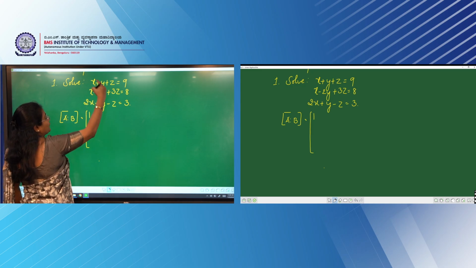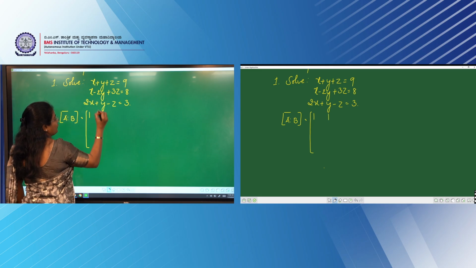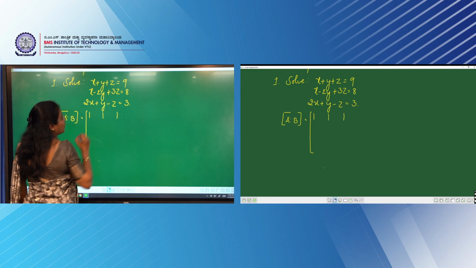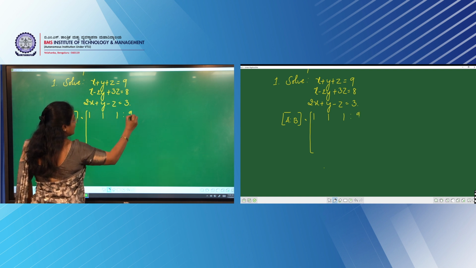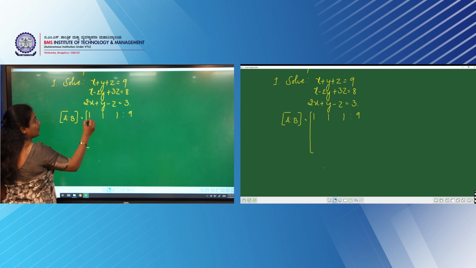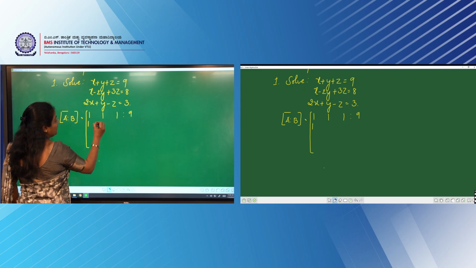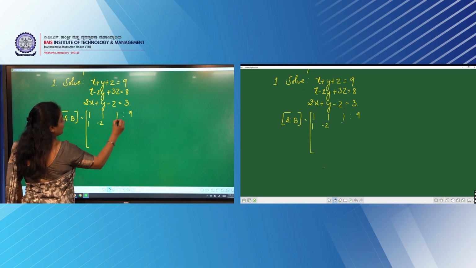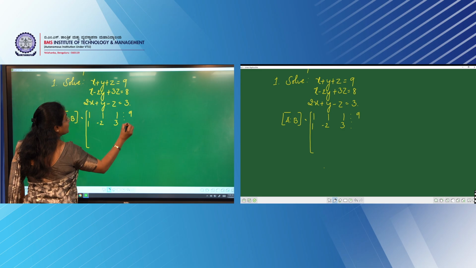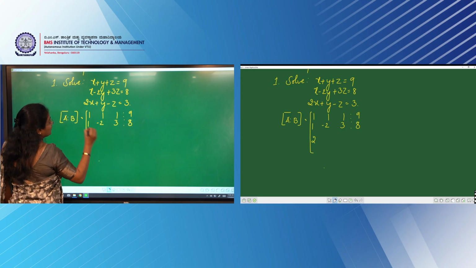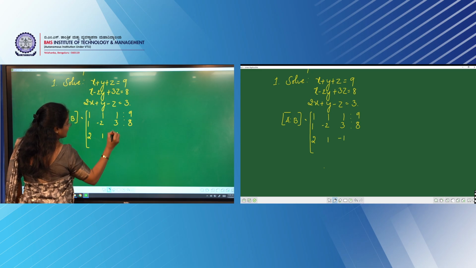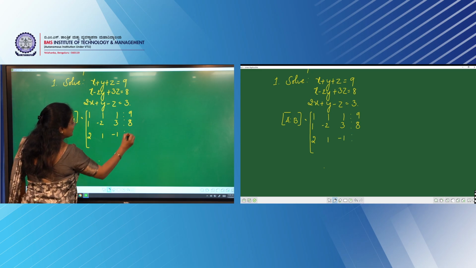The coefficient of x is 1, the coefficient of y is 1, the coefficient of z is 1, and b is 9. In the same way, write down the second equation coefficients: 1, minus 2, 3, and 8. Next, 2, 1, minus 1, and 3.